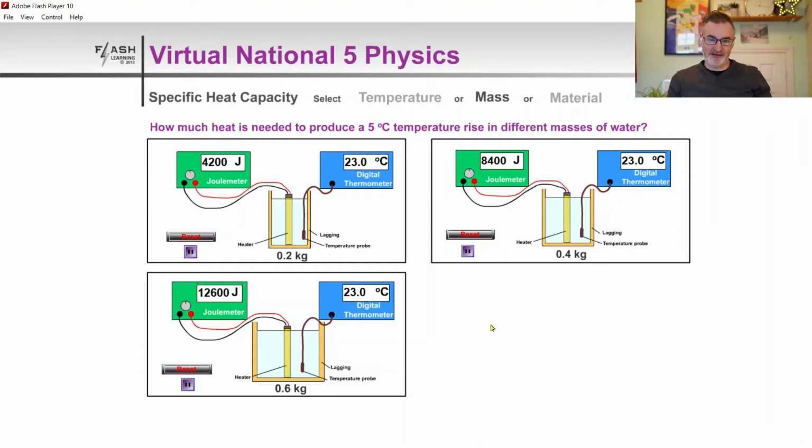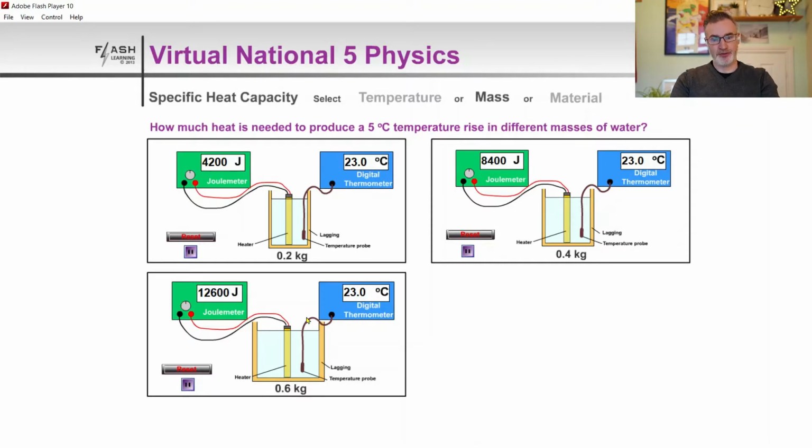Okay, the obvious benefit for you is that you didn't have to sit and watch as that slowly rose up. But what we can see here is that they're all at 23 degrees, and as you double the mass of water being heated, as the change in temperature is the same, so delta T is the same, 5 degrees difference, as you double the mass of the water, you'll double the amount of energy.